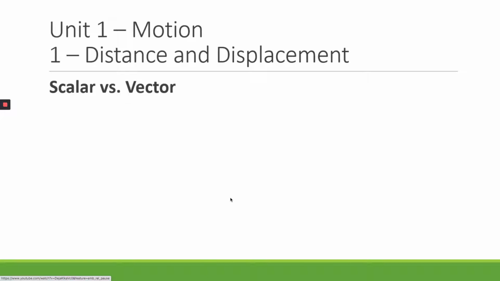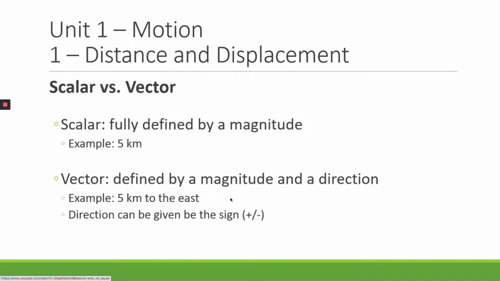Okay, if we're going to start motion, we need to start thinking of defining terms. Now, some terms are going to be easily defined by what we call a magnitude only. So 5 kilometers. 5 kilometers is considered a magnitude only, and that's considered what we're going to call a scalar.